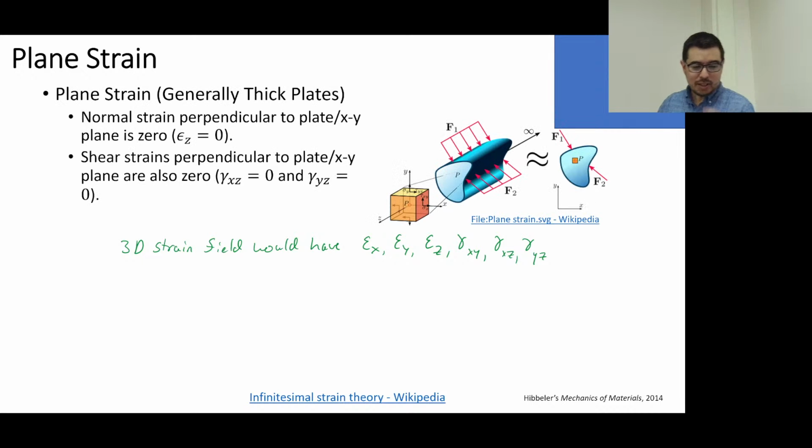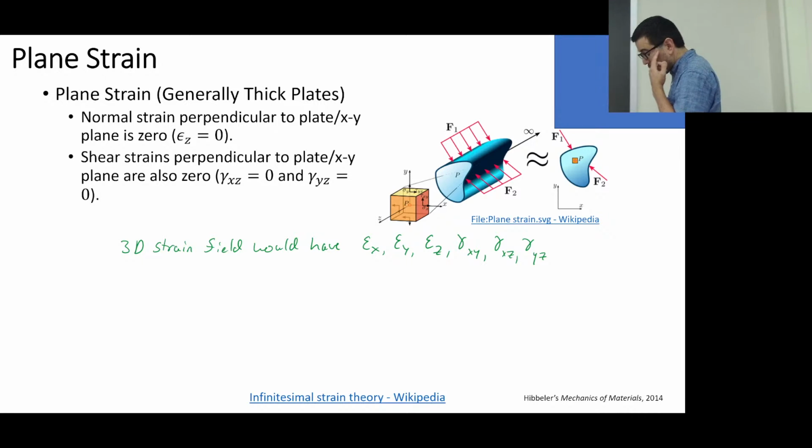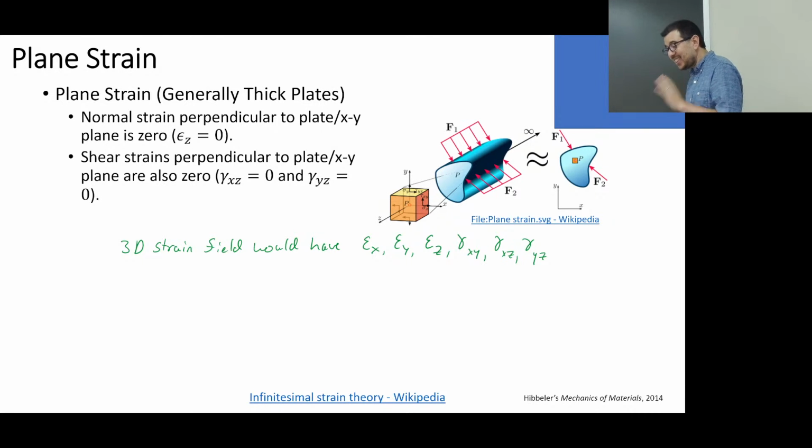And the difference here is that plane strain we visualize in terms of a thick plate. With plane stress, we're thinking it's just a thin wall of a pressure vessel.